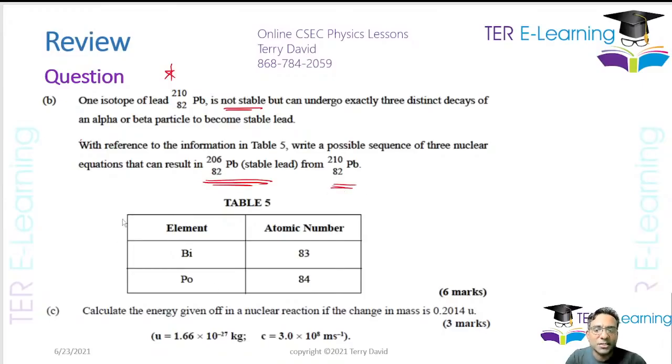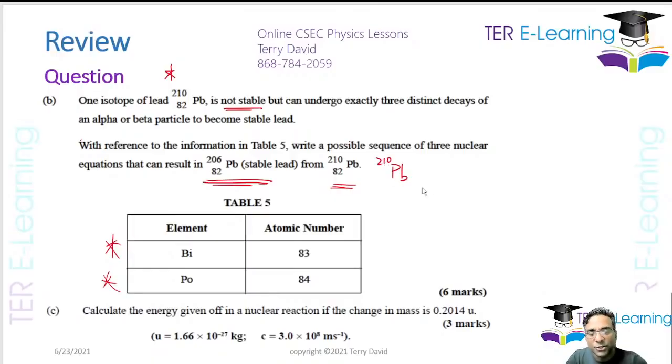And they gave us some elements here. They gave us bismuth and polonium, right? So they gave us some atomic numbers. So what they want us to do is to write a possible sequence of 3 nuclear equations in order to end up with 206, right? So let's see. Now this one might be a little trial and error here, right?